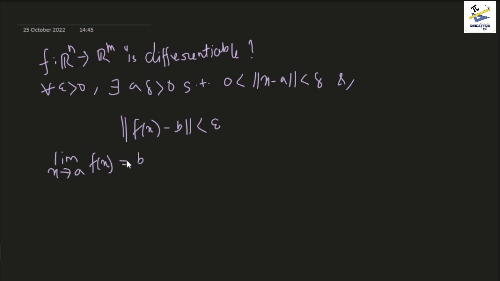Here x belongs to R^n, a belongs to R^n, while b belongs to R^m. Now, this was how we defined continuity, but for differentiation things take a bit of a wide turn. So let us start.